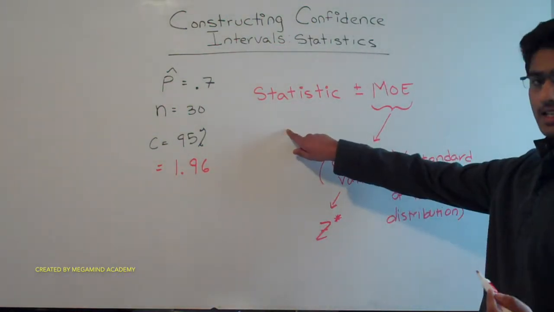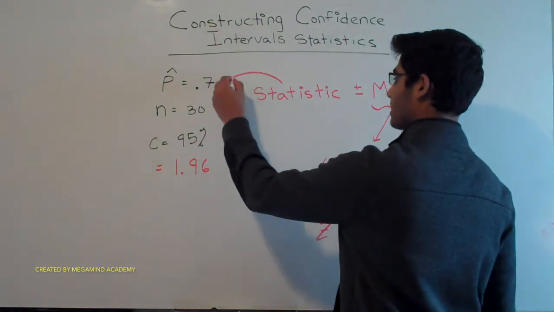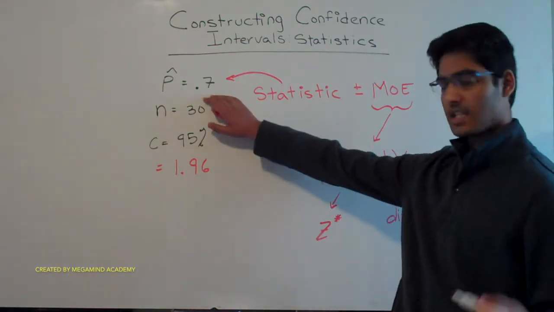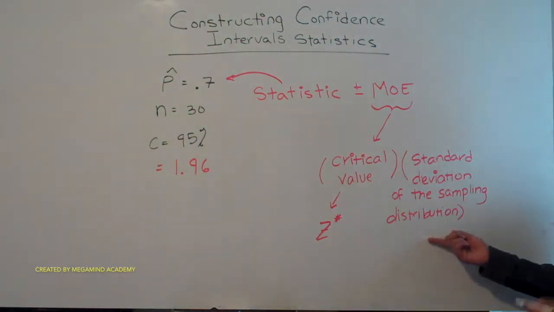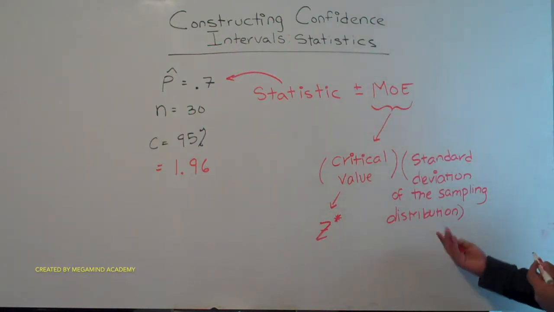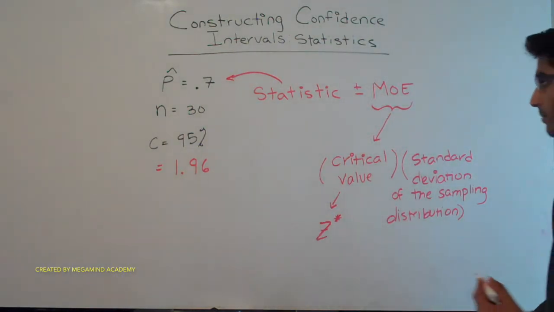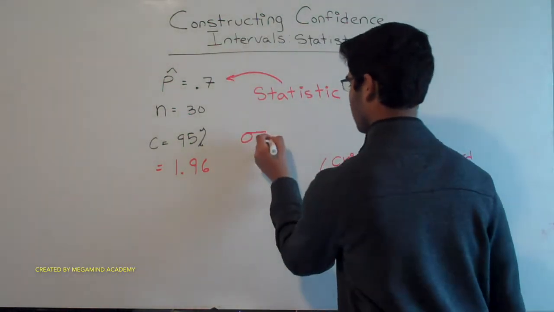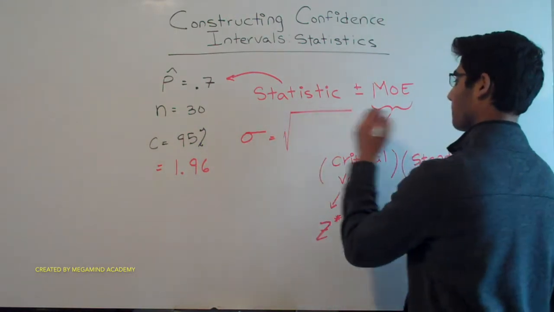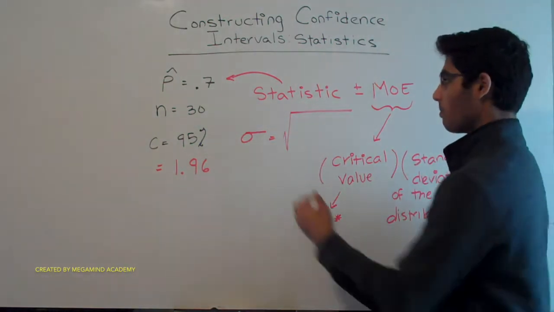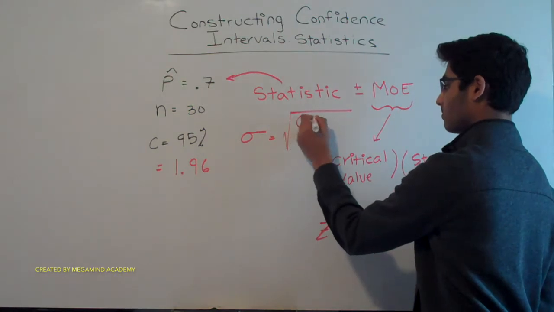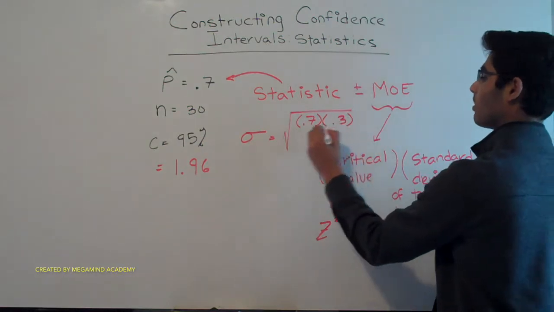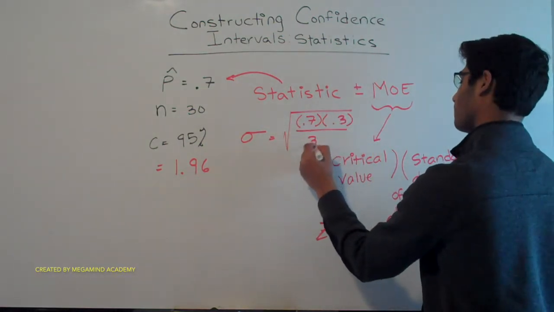Now let's talk about the statistic. The statistic is just the value that we get from our sample, or it's the test statistic. In this case, it's 0.7. And then the last part is we have to calculate the standard deviation of the sampling distribution. So let's do that. This standard deviation would be equal to the square root of 0.7 times 1 minus 0.7, or 0.3, all over n, which is 30.